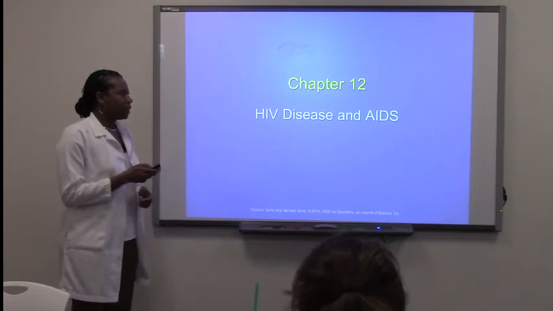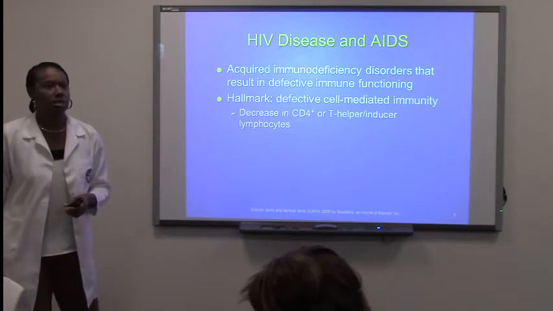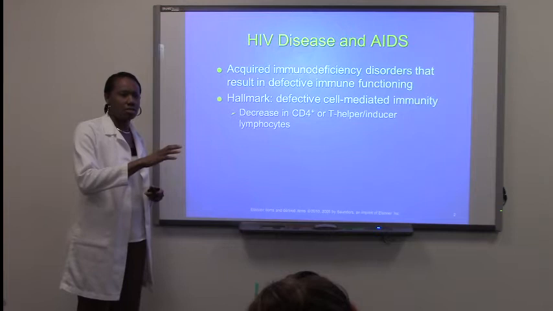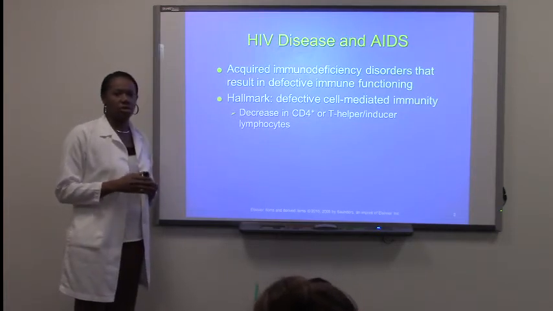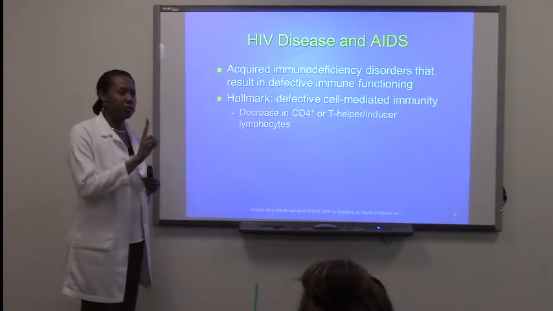So, with HIV and AIDS, we all know what happens with this particular disease process. HIV definitely attacks the T cells. One thing you should know is that the T cells, also known as our T helper cells, actually have two different functions.